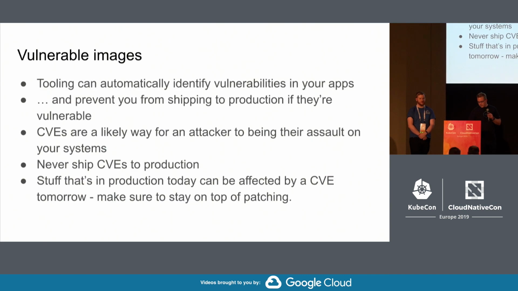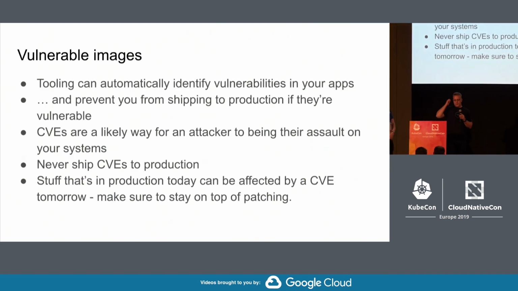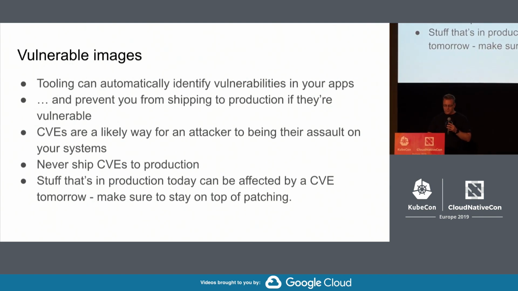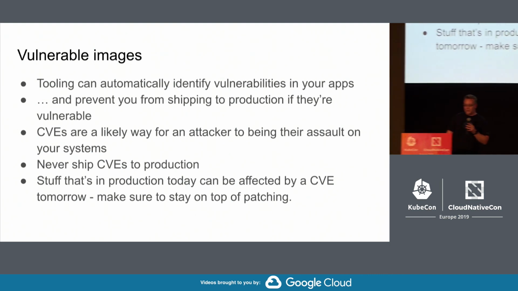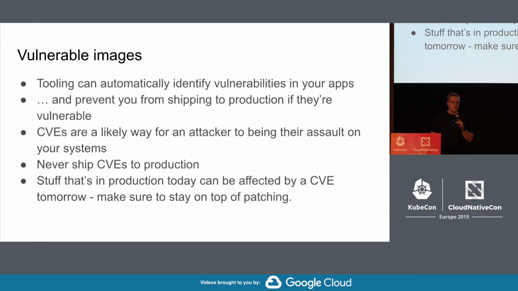So, in summary, vulnerable images are not particularly great for our clusters. CVEs in packages and apps are a real threat to your environment, and you need to be sure that what goes into your environments stays secure.